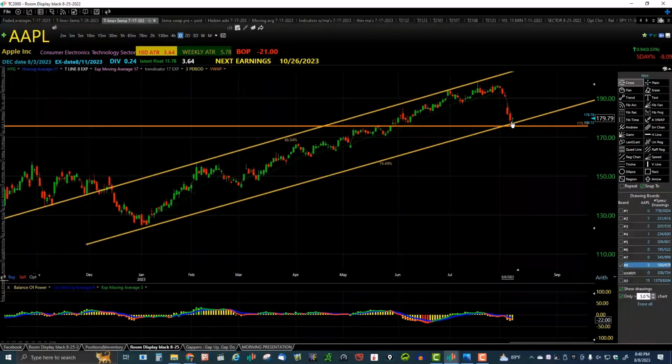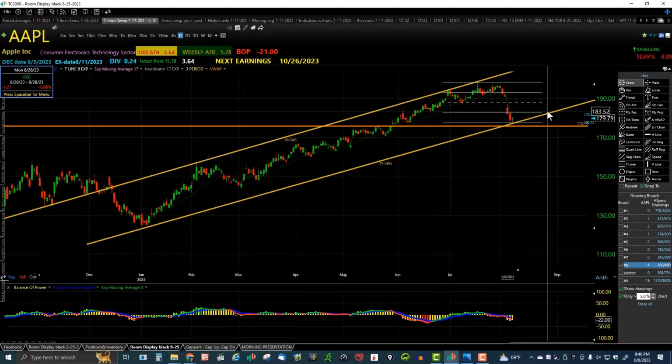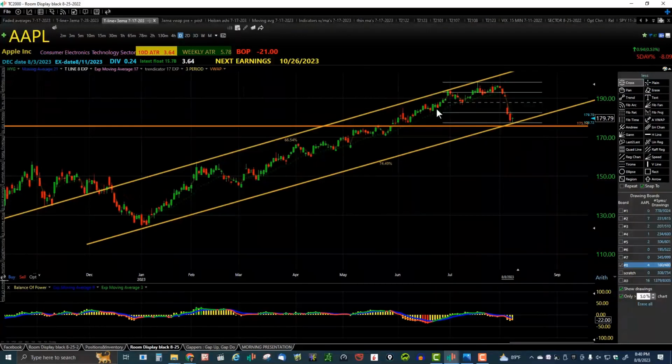Now, where's the normal place for it to come back to first? Well, first would be the midpoint, right at the minor resistance up above. See the candles that stick down? That's your minor resistance. So you've got minor resistance at the 30% line. Let's just call this 0. It goes back to 30% right there.